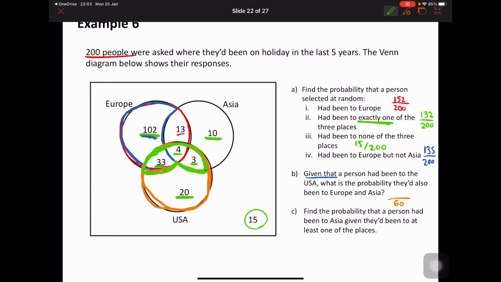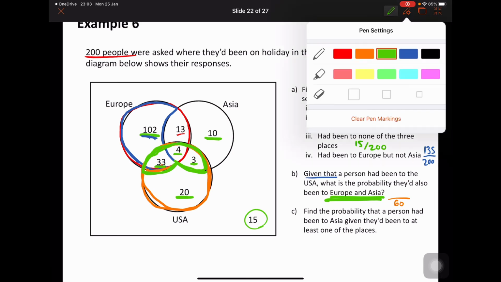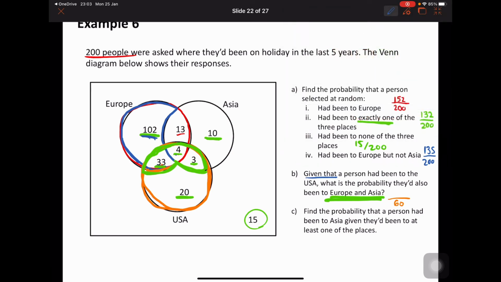Oh, sorry, I was just working out Europe or Asia, but Europe and Asia is just this 4 here. It's just this one, because these guys haven't been to Asia, and these guys haven't been to Europe, so we have to circle this 4. I almost made a mistake on that question.